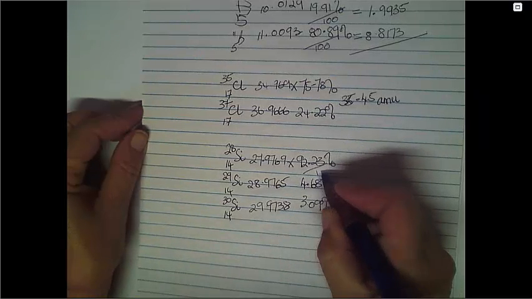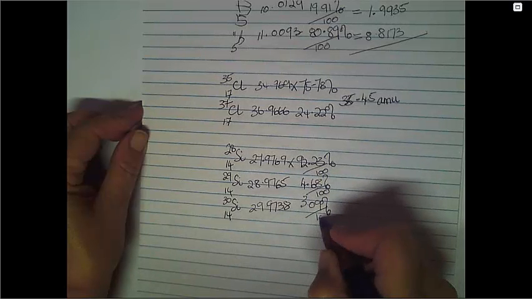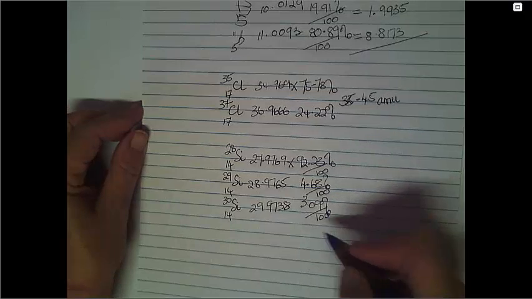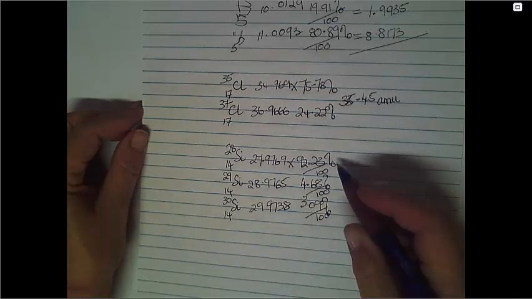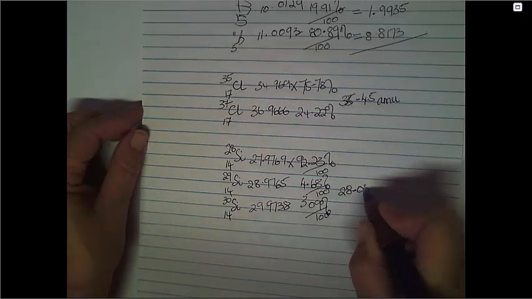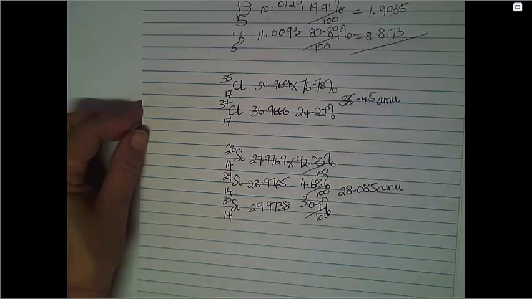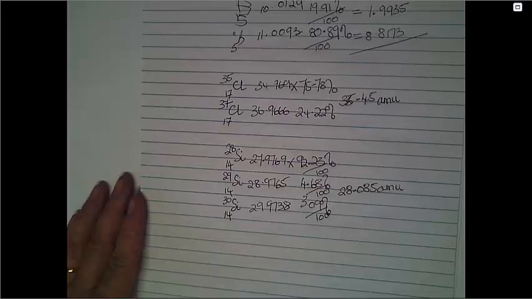Remember to divide by 100 when you're multiplying a percentage. And if your calculation is correct, when you add up the 3 contributions, your value should be 28.085 atomic mass units, which will correlate with the value on the periodic table.